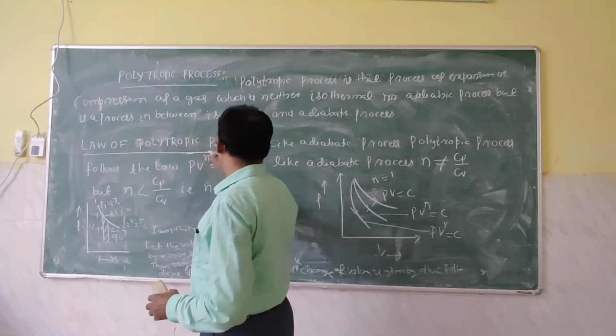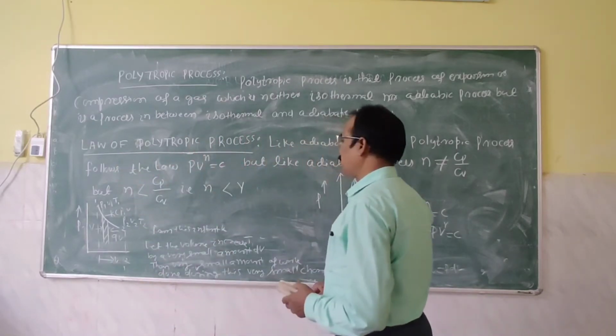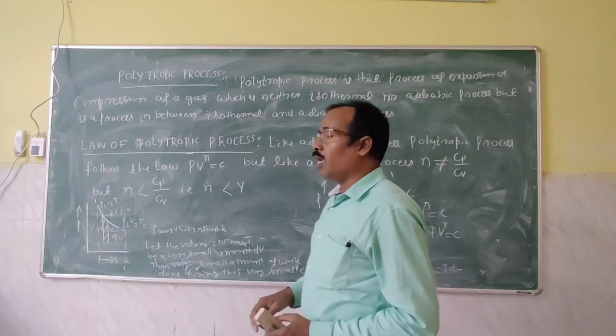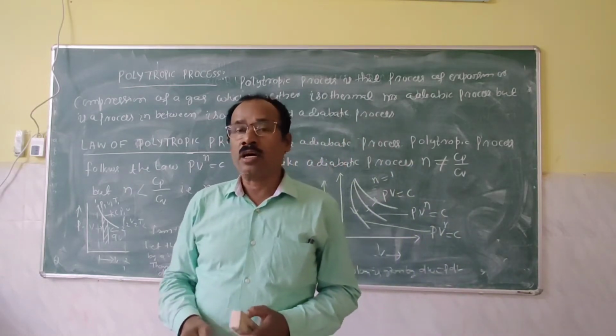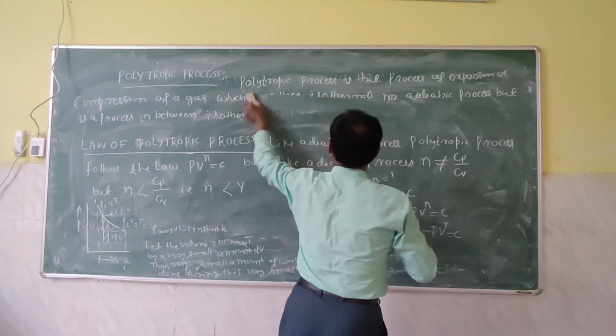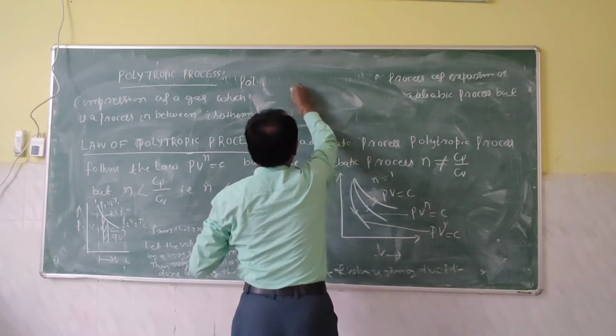Law of polytropic process. Like adiabatic process, polytropic process follows the law Pv to the power n is equal to constant.